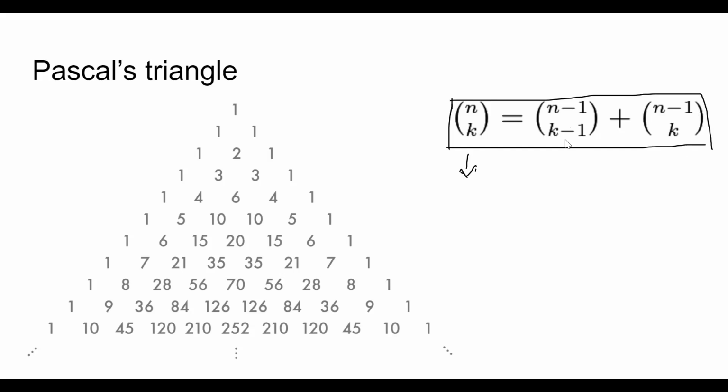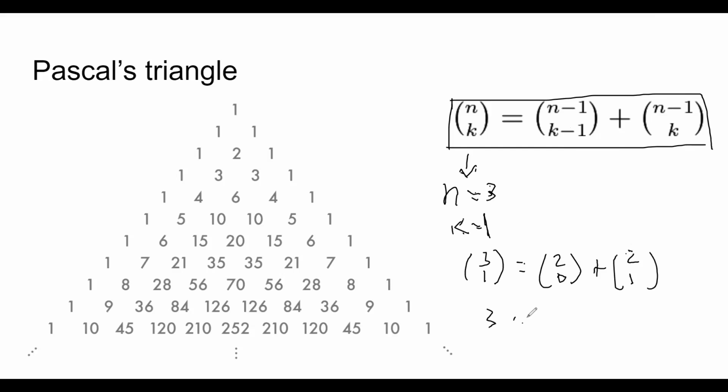And so if we just take an example, say n equals 3 and k equals 1, then we have 3 choose 1 equals 2 choose 0 plus 2 choose 1. And of course, this is 3 equals 2 plus 1, or 1 plus 2.